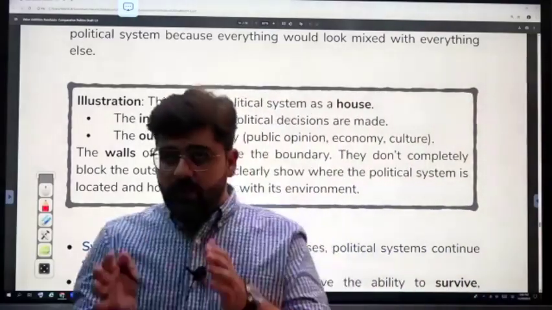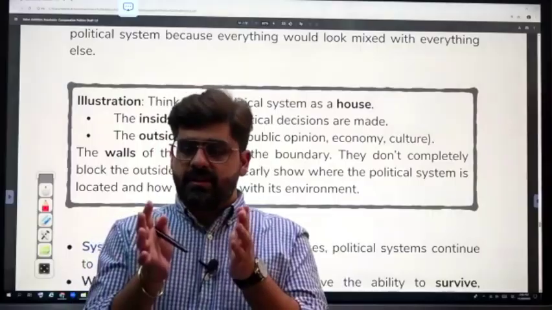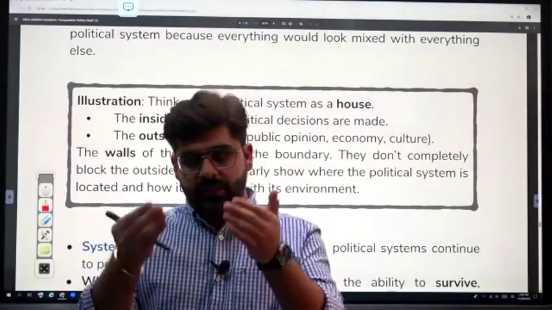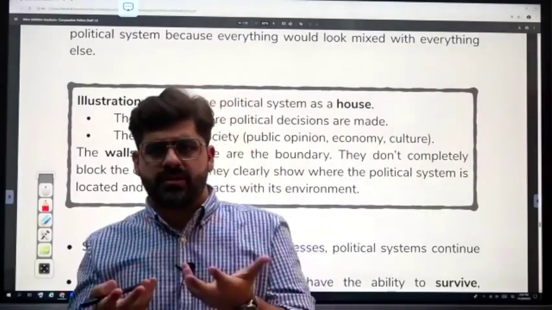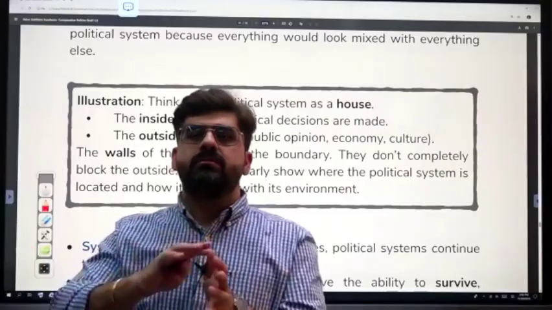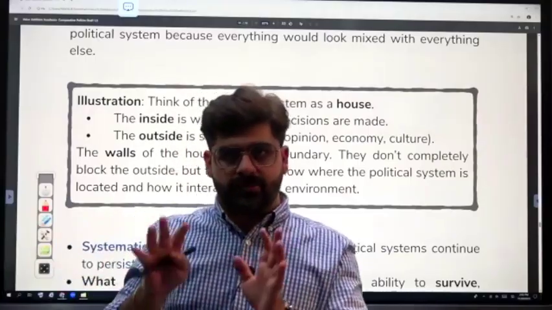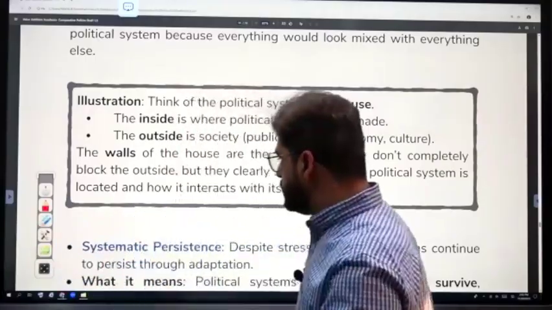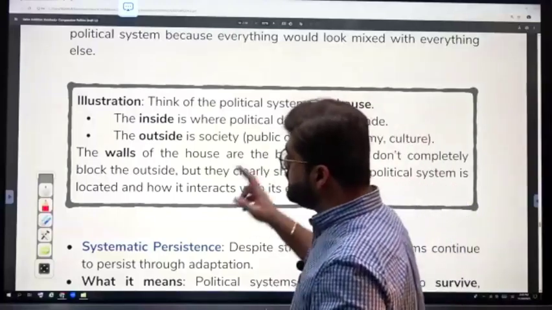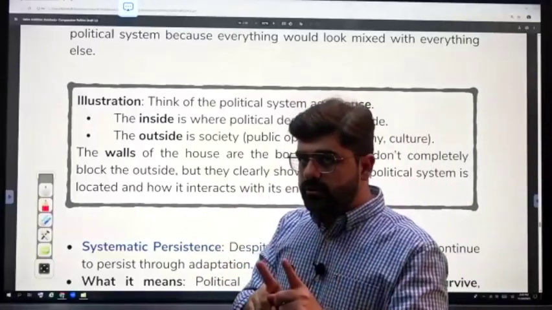So the boundary of the political system is basically like a house. Within the house, you can say it's the political system. Outside the house, it is the other systems of the environment. Fine. So the concept is there is a boundary to the political system.